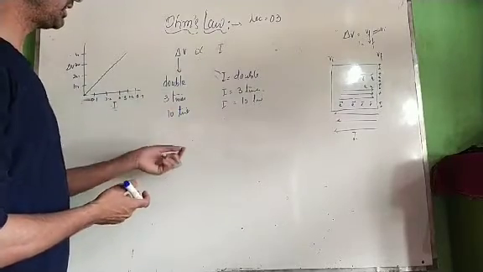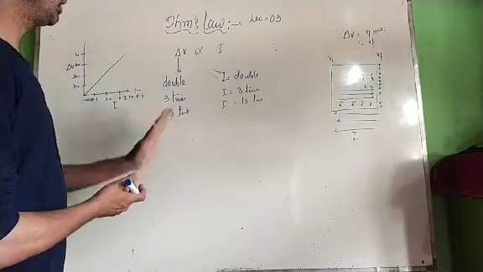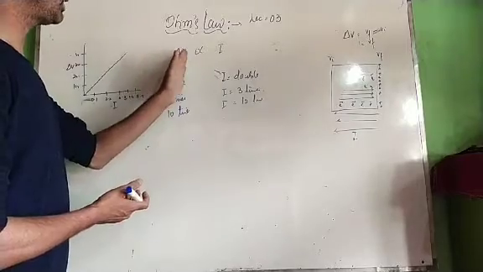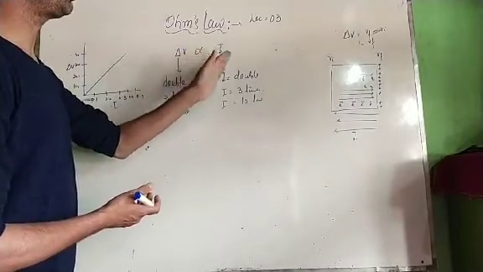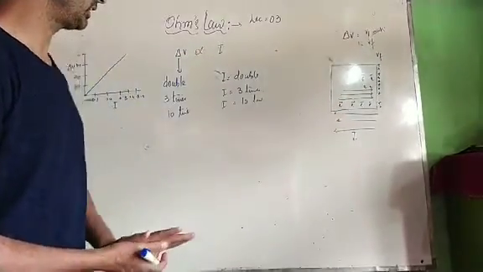Therefore, we can summarize it. Ohm's law states that the potential difference applied across the ends of a conductor is directly proportional to the current flowing through the conductor.